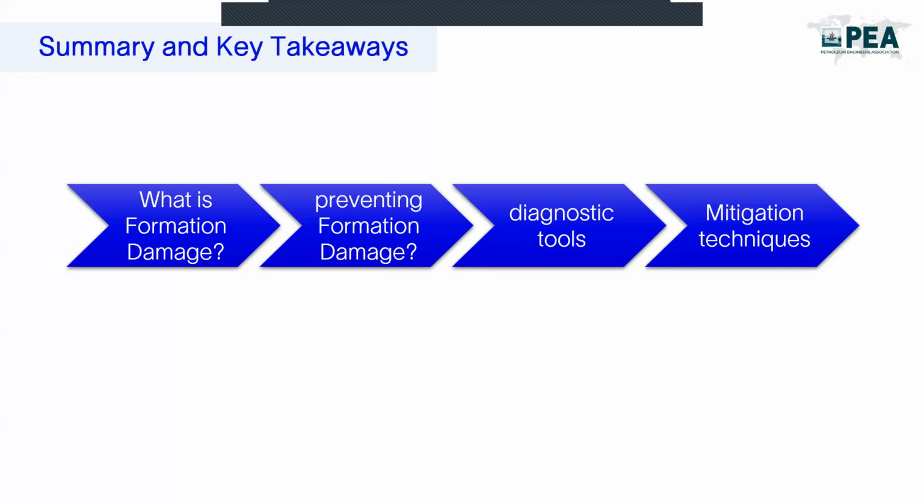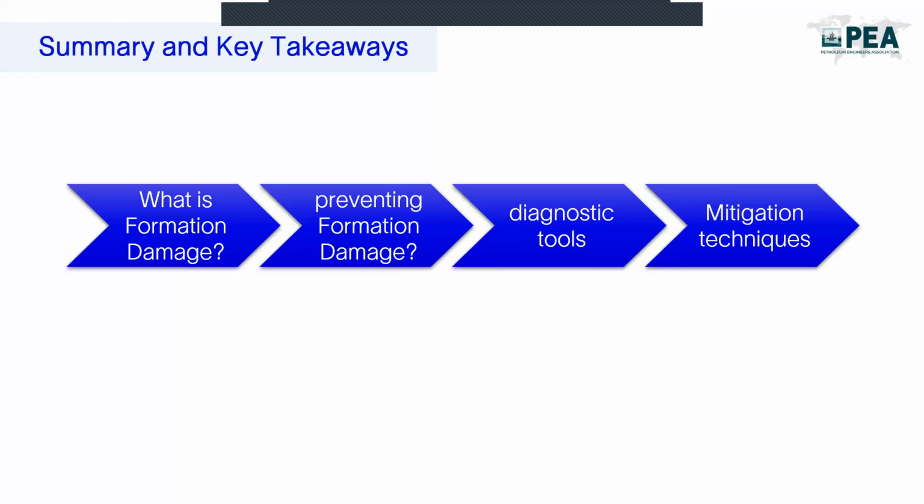Before having this formation damage, we might think of preventing it through optimizing drilling practices, effective completion design, and careful production management, which is really crucial to maintain well performance.